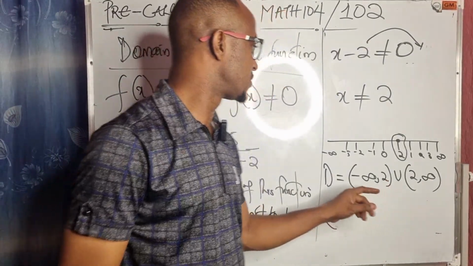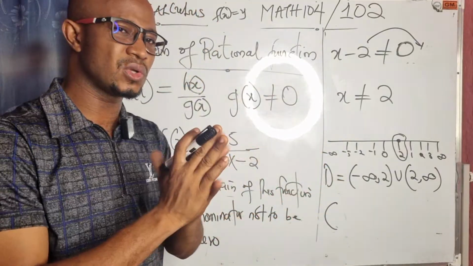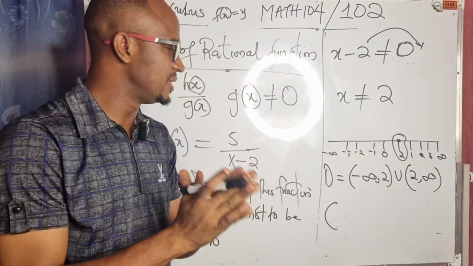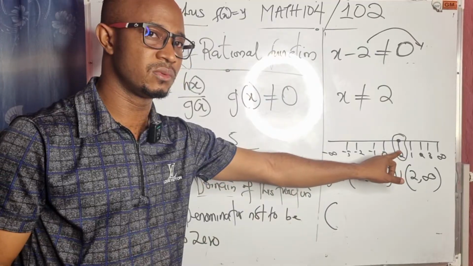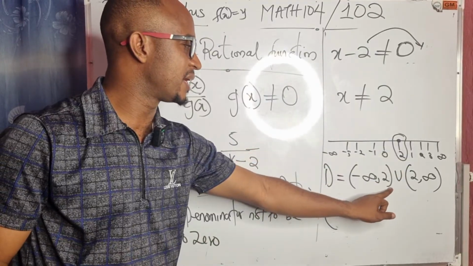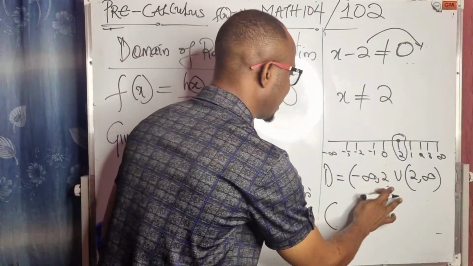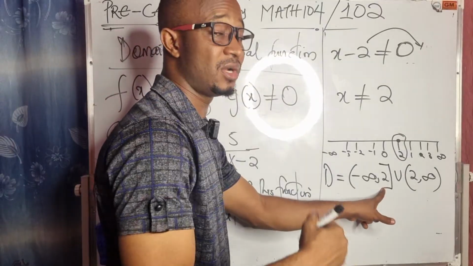So we have seen that the domain implies all the values of x apart from 2, and this is how it is written: minus infinity to 2. This bracket means we are not including 2. If I have a bracket like this, it means I'm including the value of 2.